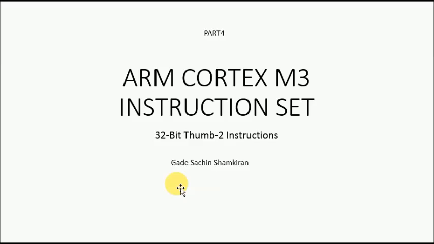So we require a fresh program for the ARM Cortex-M3 whenever we are using Thumb-2 instructions. Now, 90% of the Thumb-2 instructions are similar to the Thumb instructions. The only change is that Thumb instructions are 16-bit, whereas Thumb-2 instructions are 32-bit. So here the only change is the size and some conditions.